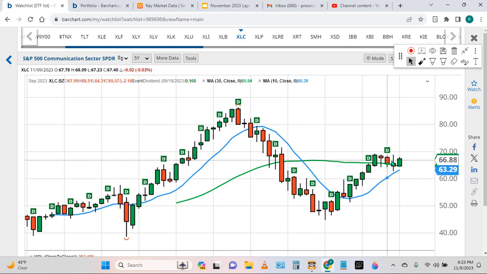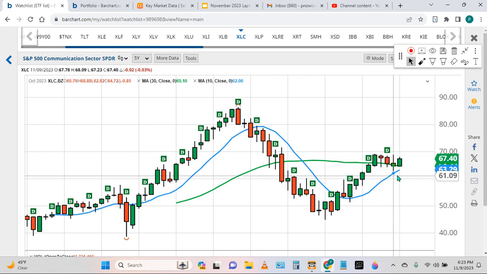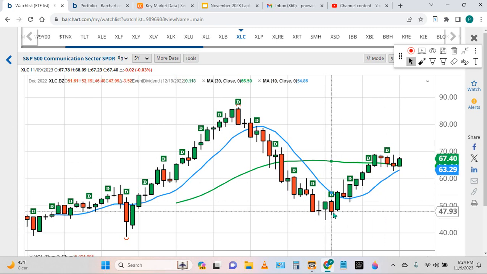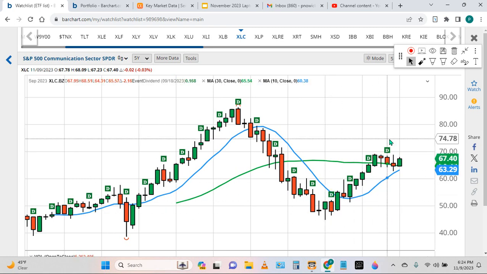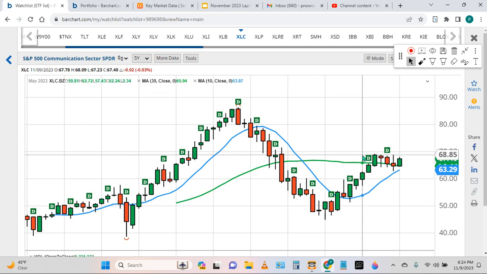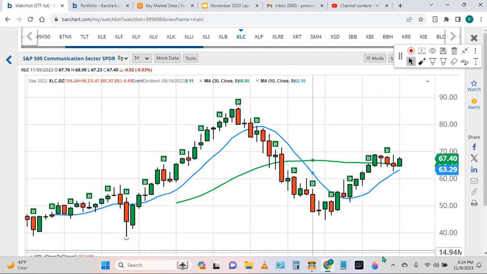However, not all companies have participated in that, especially companies like Verizon and AT&T. So this is more representative of the big move in Meta. So we have to go down and do some more homework before we make a decision. But an uptrend and then consolidating, that's bullish for positive price action in communications.